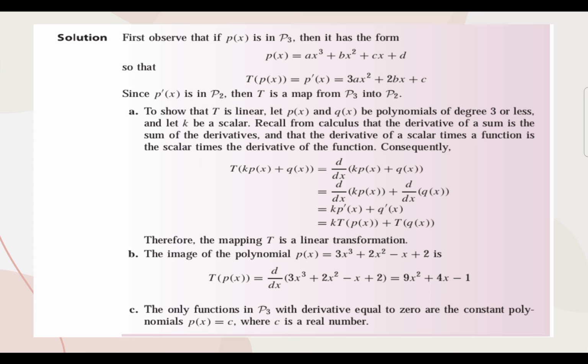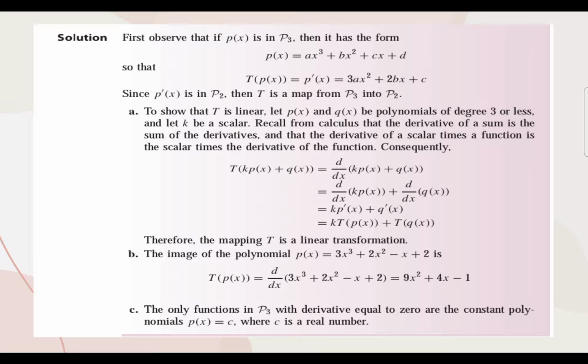In the solution of letter B, the image of the polynomial P(x) = 3x^3 + 2x^2 - x + 2 is, applying the derivative rule, 9x^2 + 4x - 1.